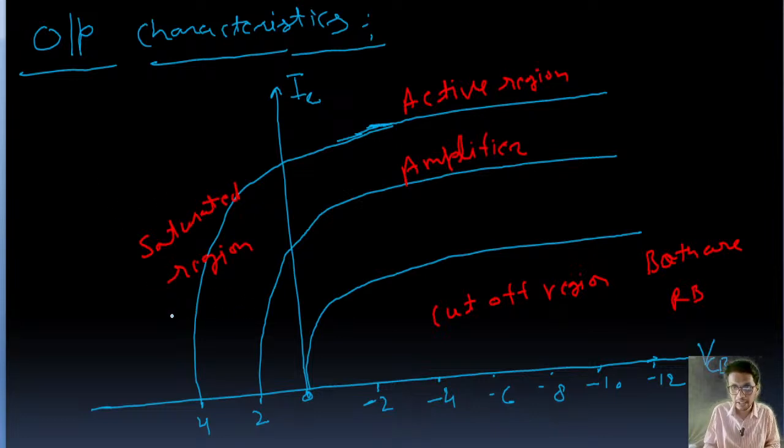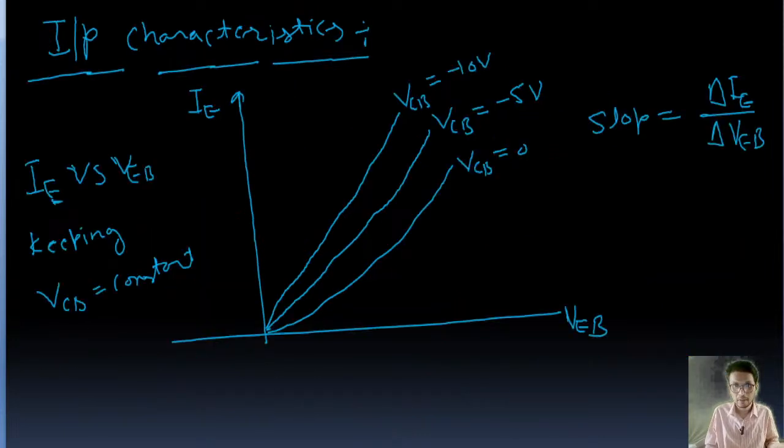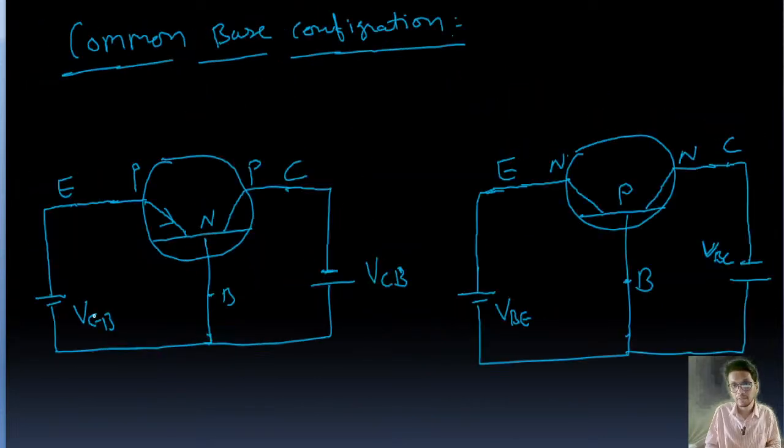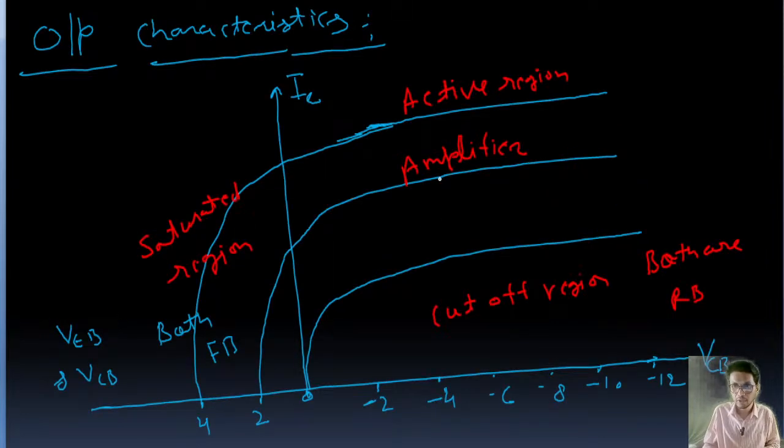In the saturated region, both are forward biased, both meaning VEB and VCB.